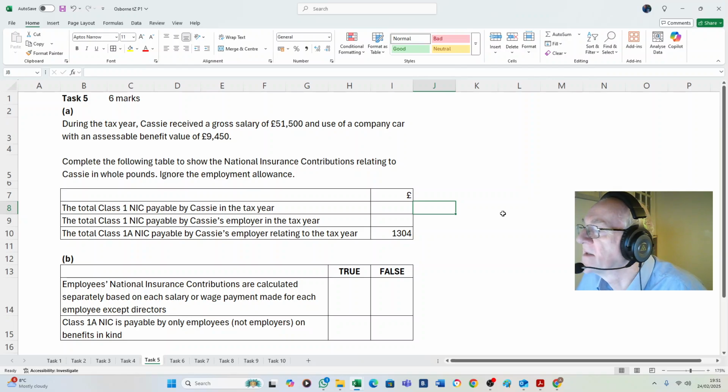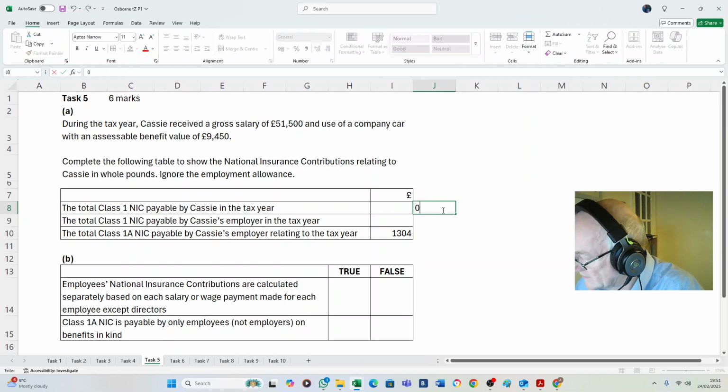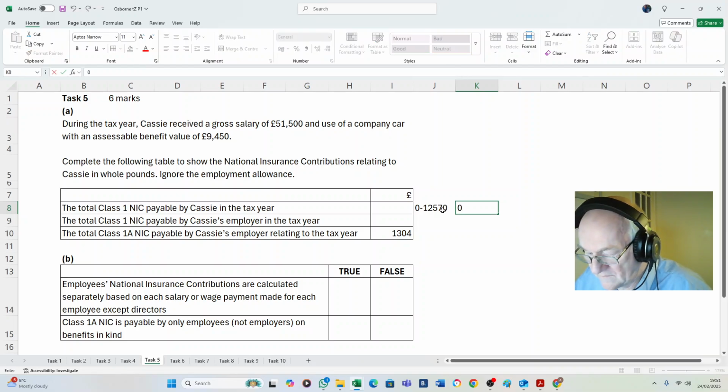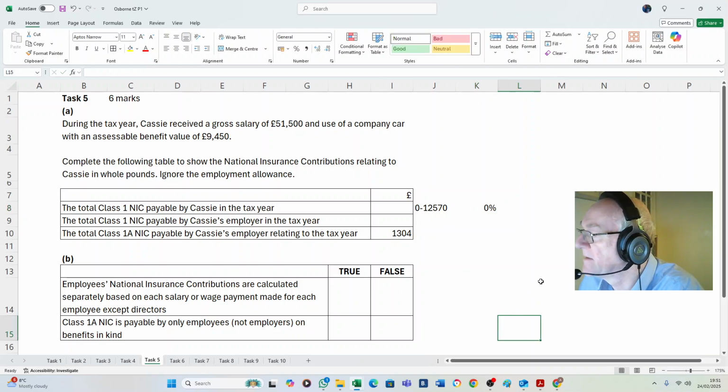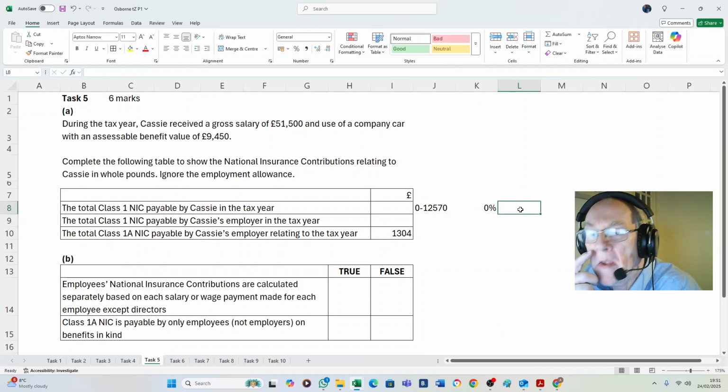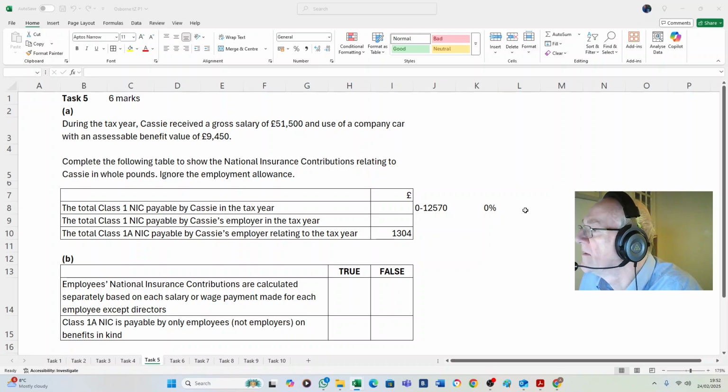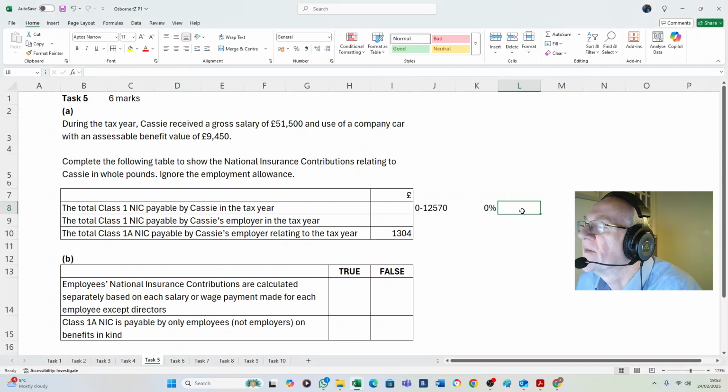Okay, so Cassie, what has she got to do? Okay, well let's lay it out properly. 12,570, the first bit at 0%. And then she's got a gross salary of 51,500.